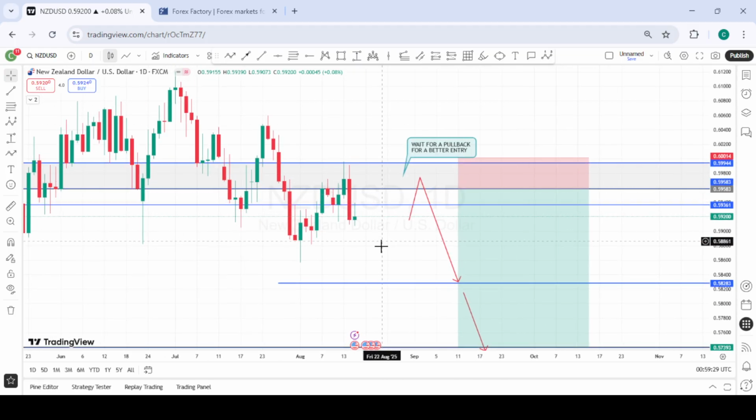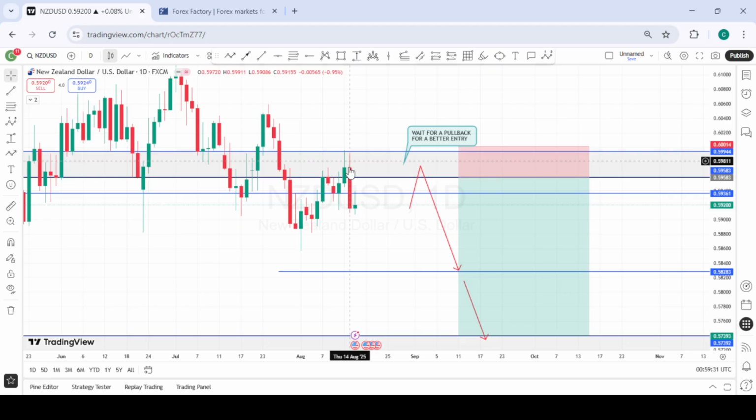daily structural shift at our area of interest. Daily structural shift, this strong daily bearish engulfing candle. So we'll be anticipating price to pull back either to the first structural low or pull back a bit deeper upwards and give us selling confirmations, and we sell to the downside.